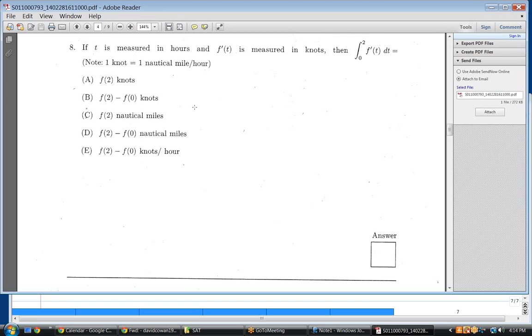So D would give you the integral as net change. In other words, I'm integrating a rate, and therefore I'm going to get the total nautical miles that were traveled from 0 to 2 hours. In the same way that if you integrated a velocity function, you would get the total miles driven. Anytime you're integrating a rate, you're going to get the original function's units.